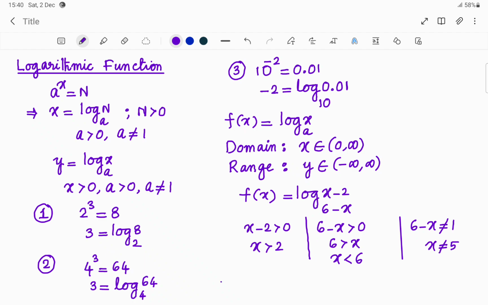So finally, if you combine all these three, so first one is saying x greater than 2. So right side of 2. Second one is saying x less than 6. So you can say left of 6.